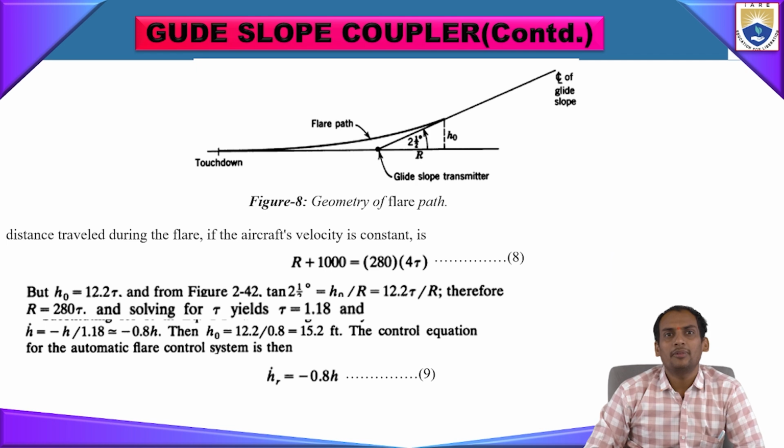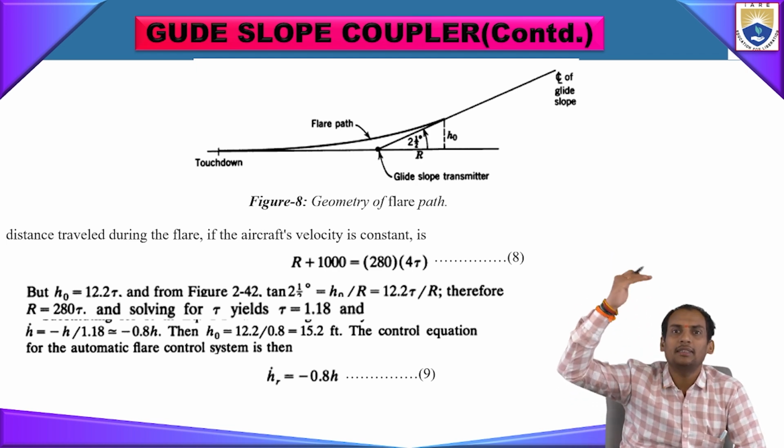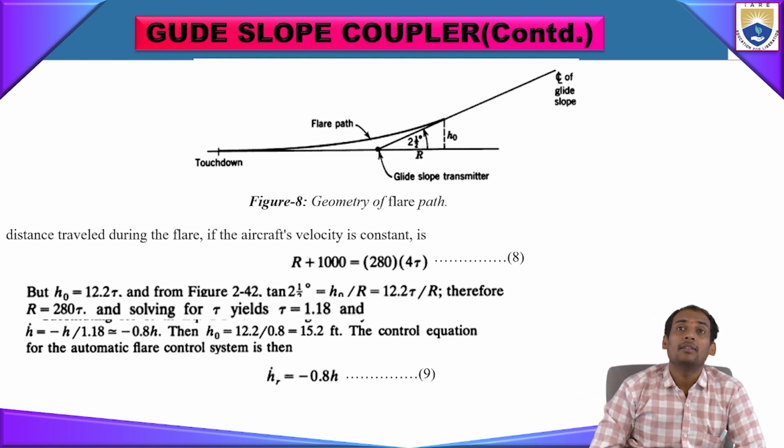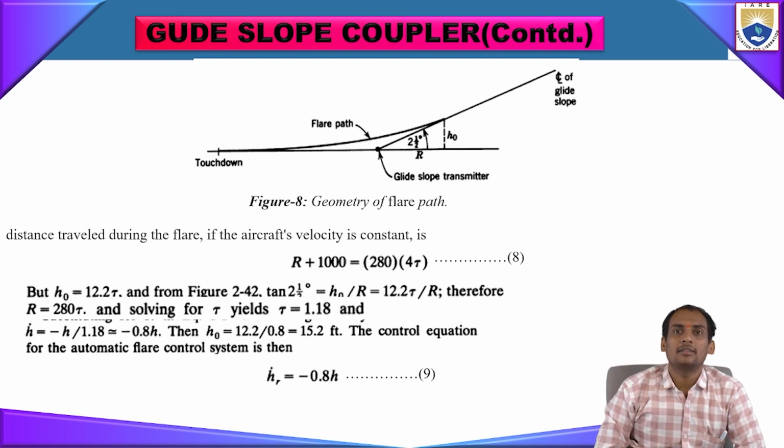So the controlling equation for automatic flare control is that h naught will start from minus 0.8 h. From 80% of the height, the minimum height it has to maintain will be 0.8 times the height h only.